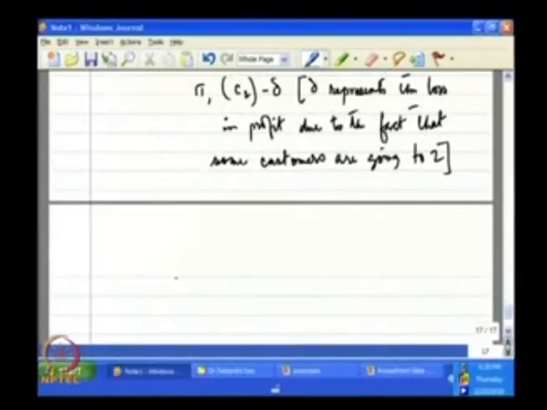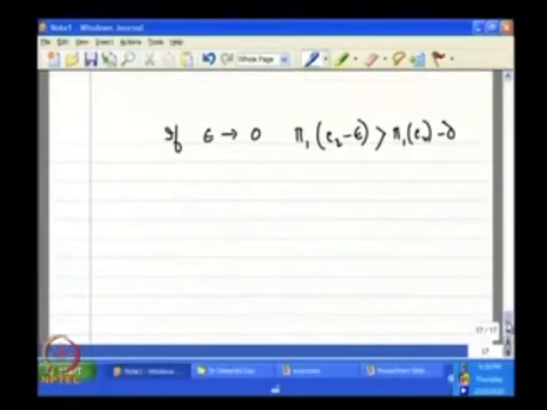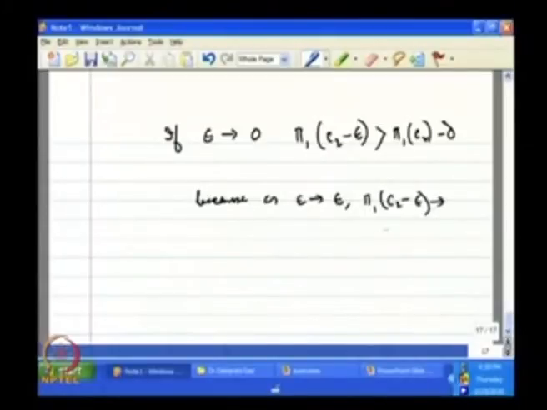Now, if epsilon goes to 0, pi 1 of C2 minus epsilon approaches pi 1 of C2, so the left hand side becomes higher than the right hand side.